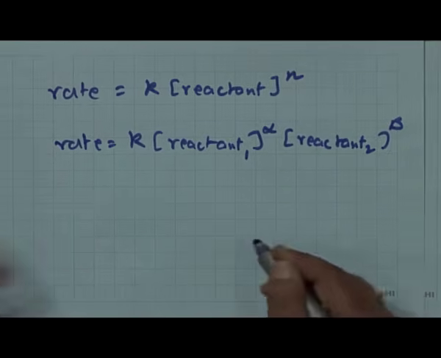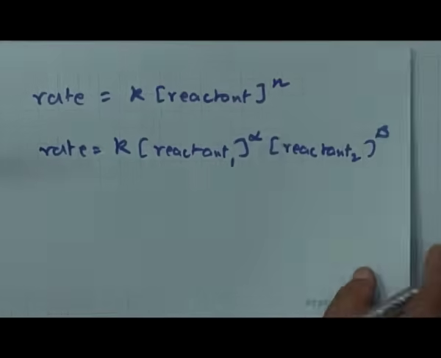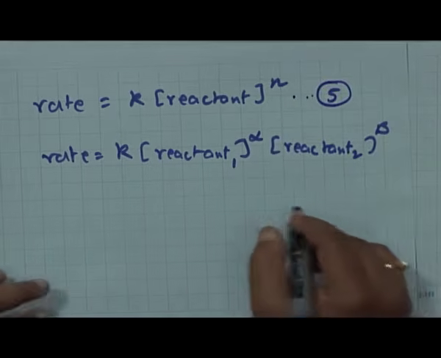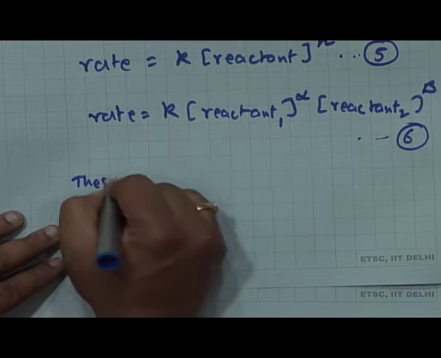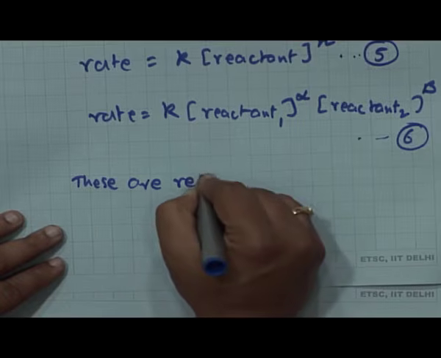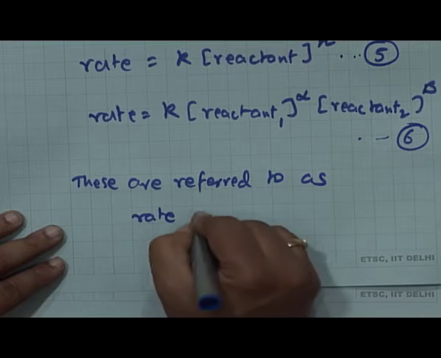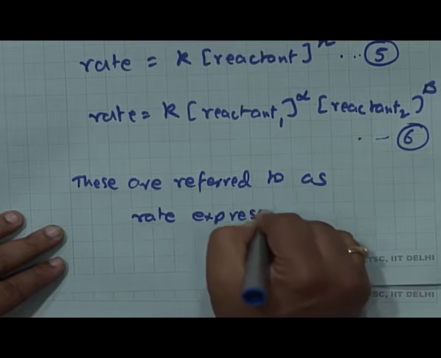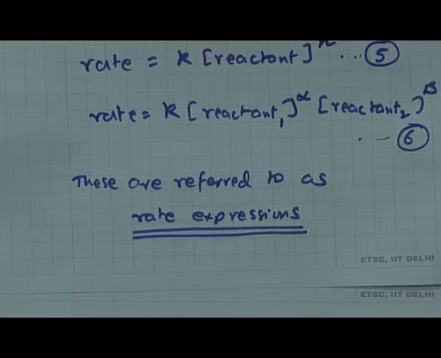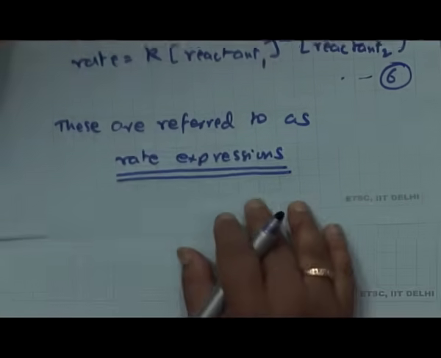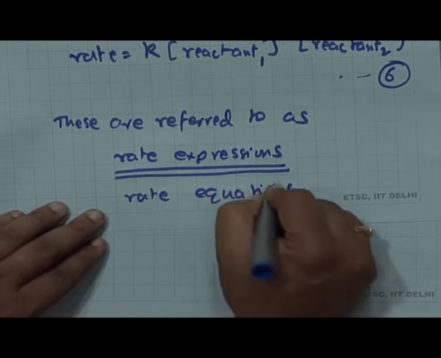So, if I call this equation 5 and this equation 6, then we can say that these are referred to as rate expressions or rate equations.